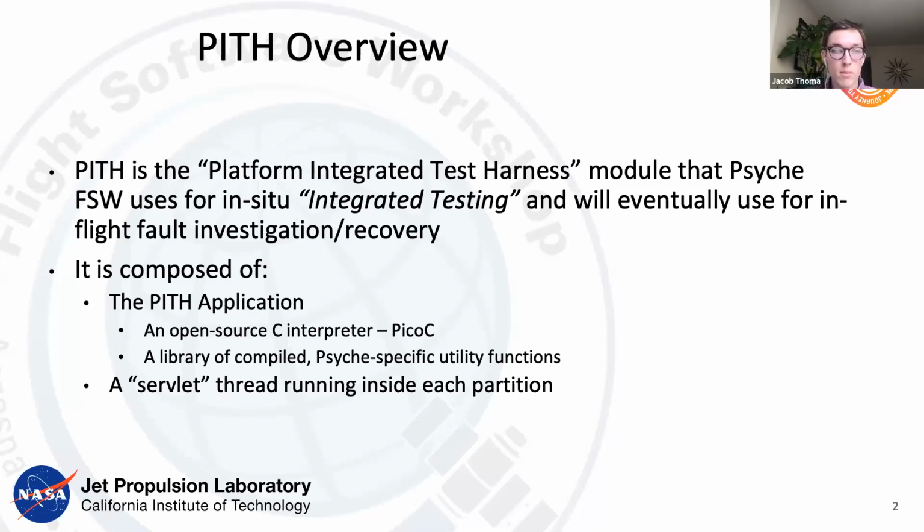The other main part is a group of what we call servlet threads, with one running inside each partition. And that's necessary due to our flight software's time and space partitioned architecture. So the servlet threads are kind of acting on behalf of the main PITH application to do work. Next slide.